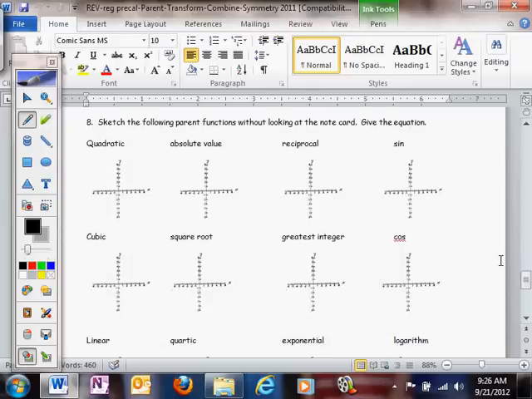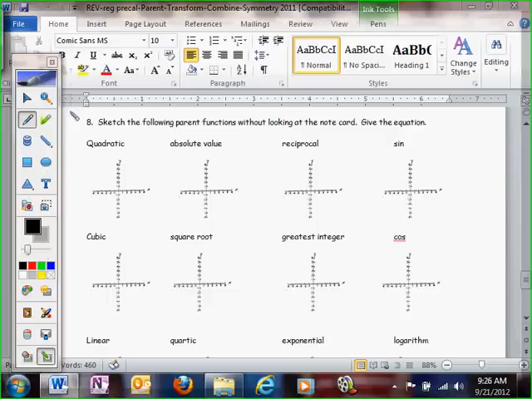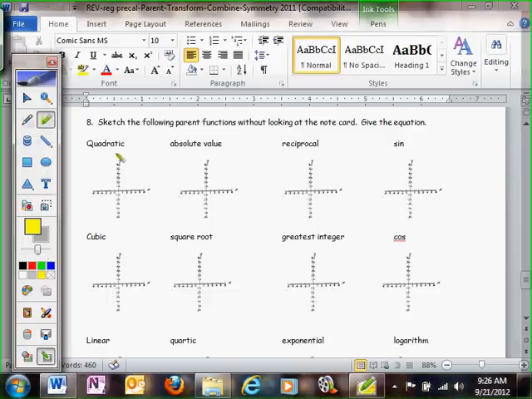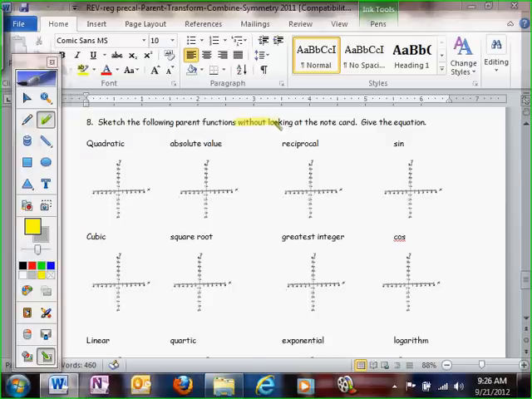Number 8, you're going to have to sketch the parent functions. Look very carefully at this part. Without looking at the note card. So there's going to be a lot of those functions you know, but there's going to be some that you're not very familiar with.